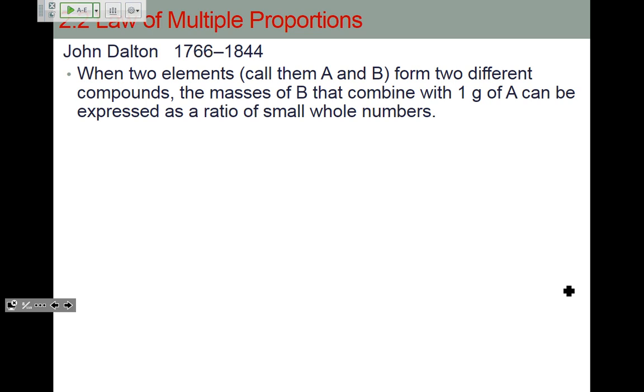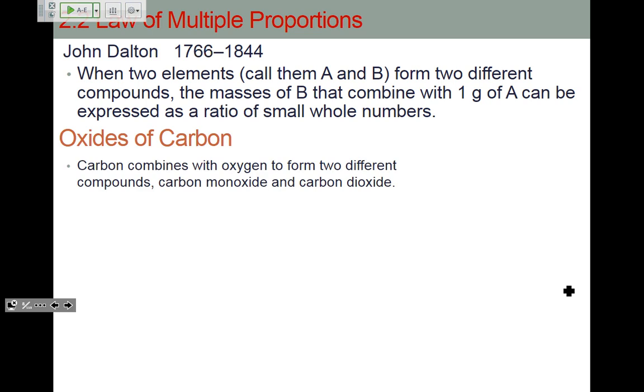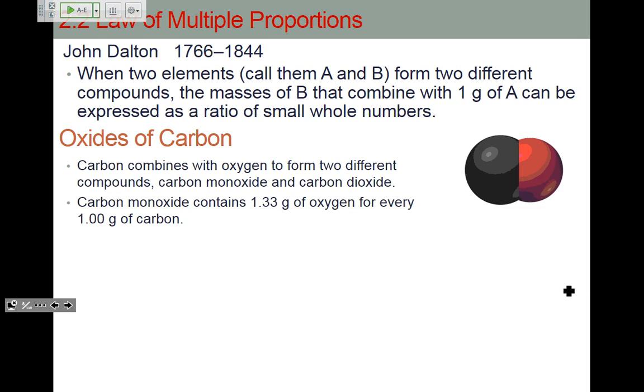What does this mean? This is a little bit confusing to think about. So again, carbon and oxygen can form either carbon dioxide or carbon monoxide. They can come together and form two different compounds.